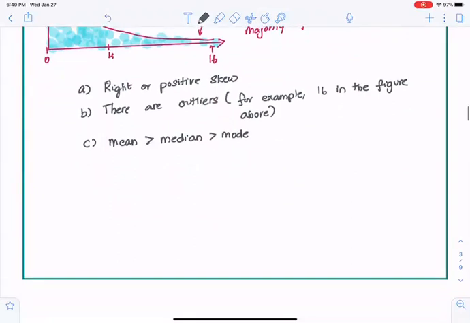And that brings us to the last case of skewness.